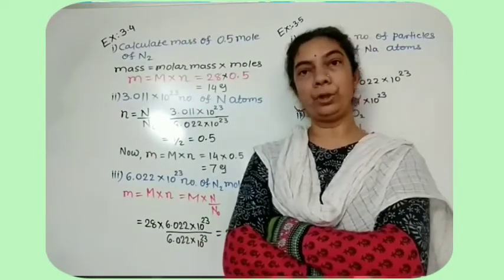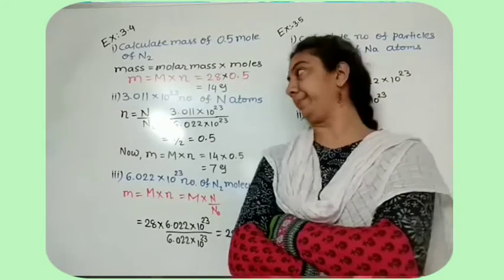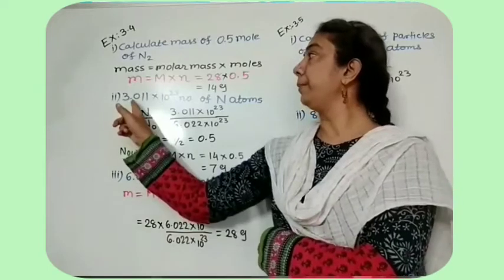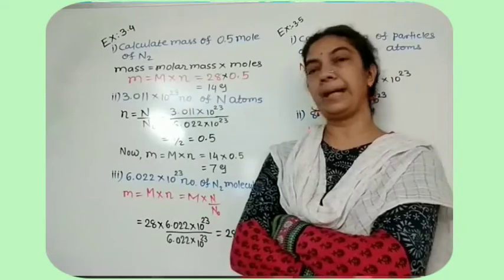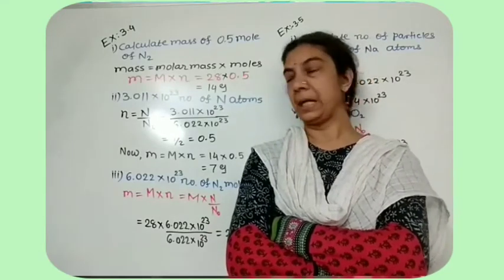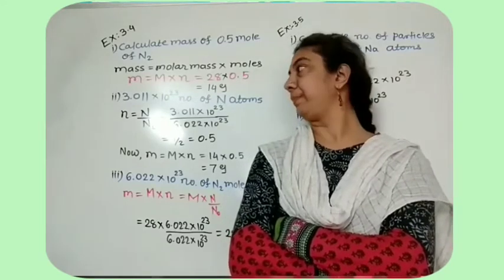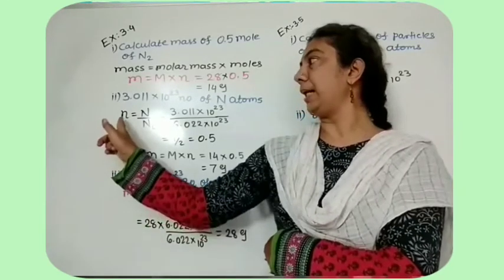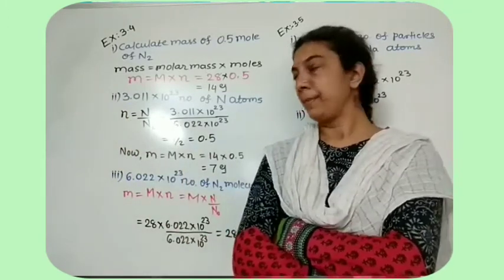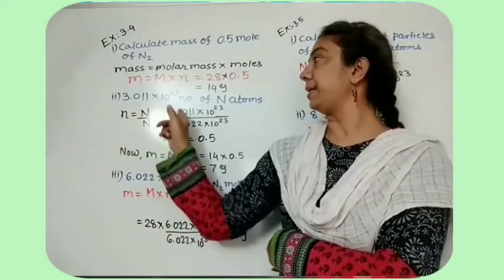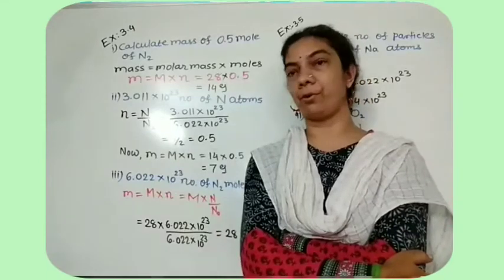Likewise, one more numerical, in that the number of particles is given: 3.011 into 10 raised to 23 number of N atoms. N atoms means the atoms of nitrogen. So according to the formula, n equals capital N upon N0. N is given as 3.011 into 10 raised to 23 and N0 is the Avogadro constant.